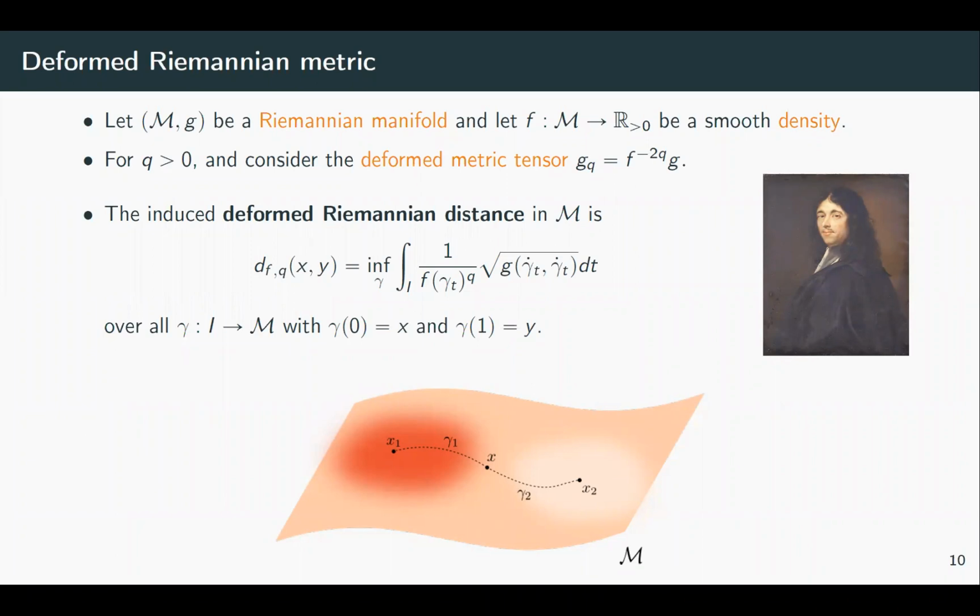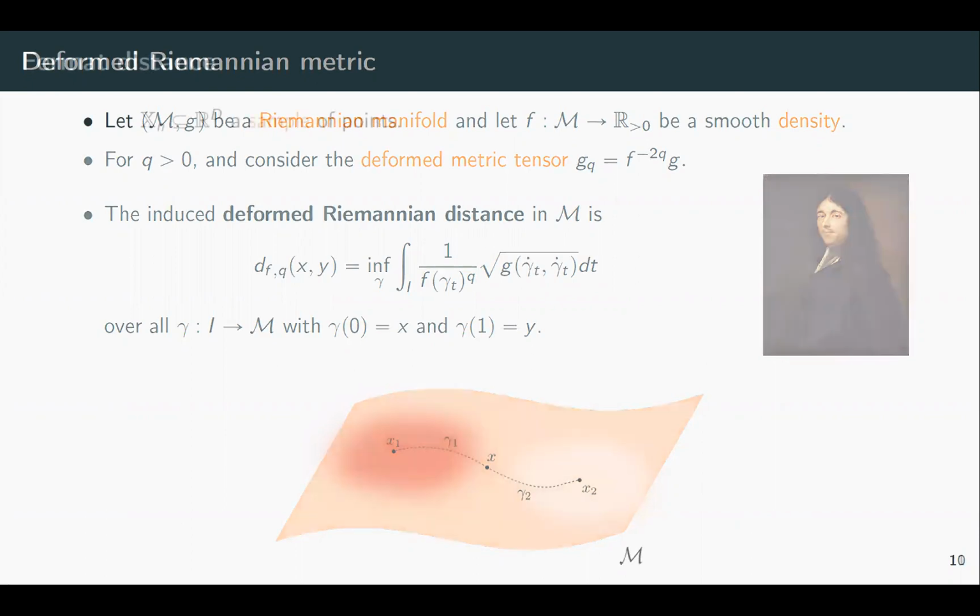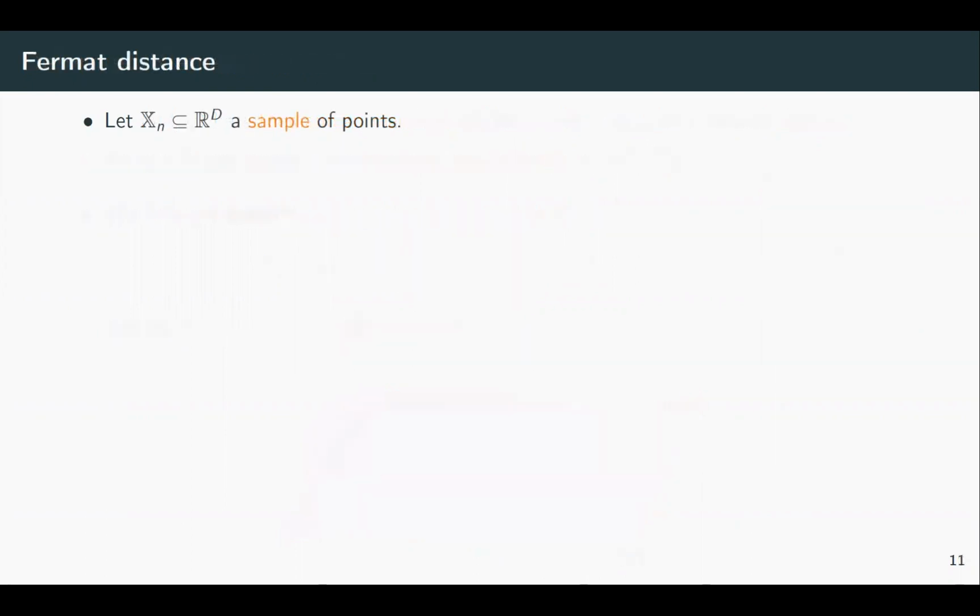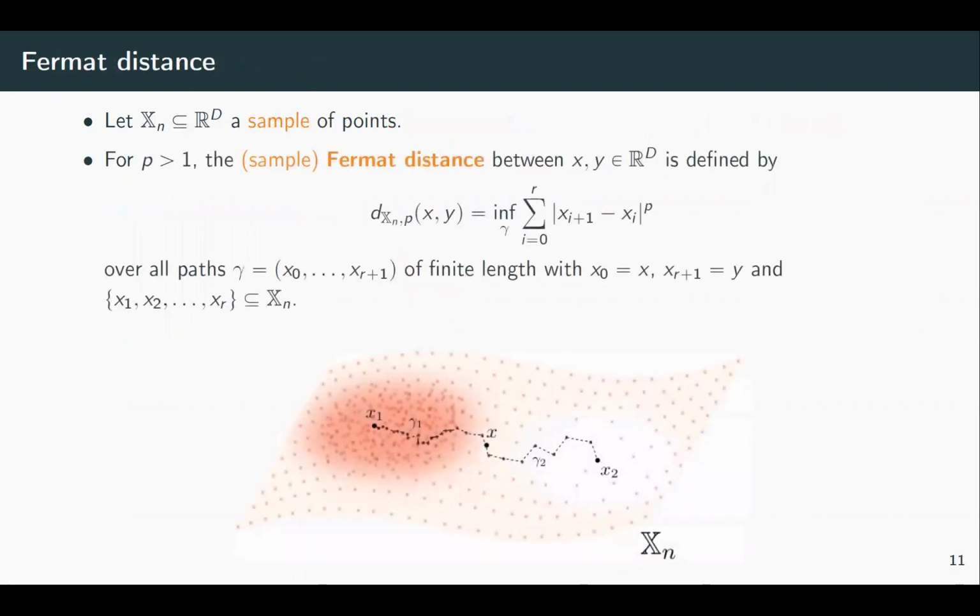Now, this is at the level of the manifold, but of course we don't know f, we don't know M. So we need an estimator of this deformed metric. Given a sample of points, this is the proposal. You have a parameter P, and given two points, you compute all possible paths over these two points using the points in the sample.